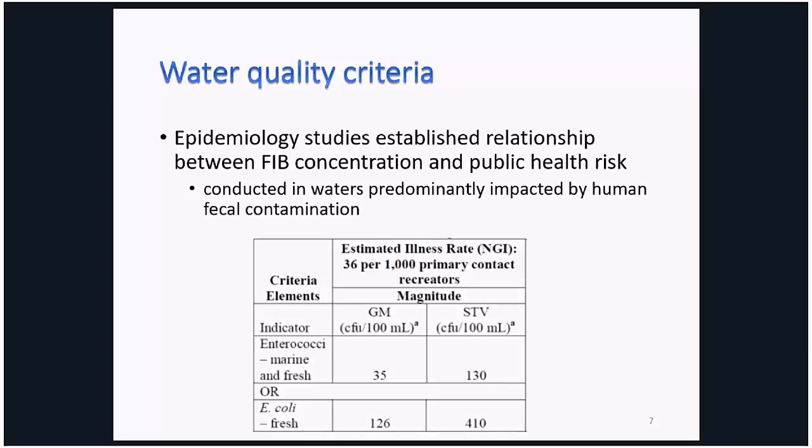The epi studies establish a relationship between FIB concentration and public health risk. As you can see there, I chose the example where a 35 Enterococcus geomean corresponds to an illness rate of 36 per 1,000 recreators. That's how the recreational water quality criteria come about. Next slide.